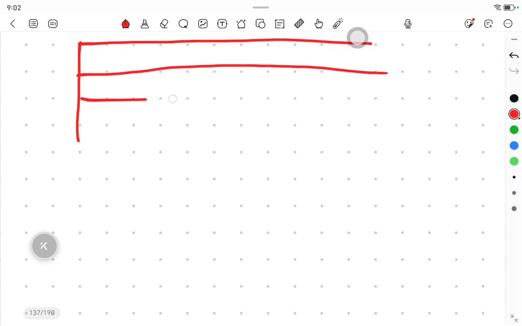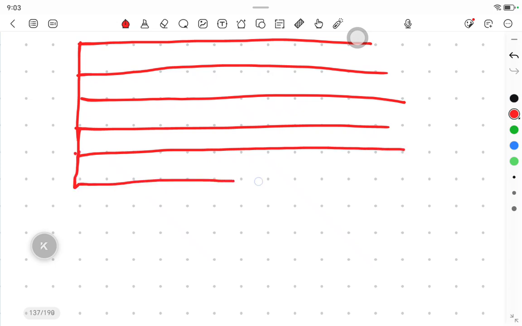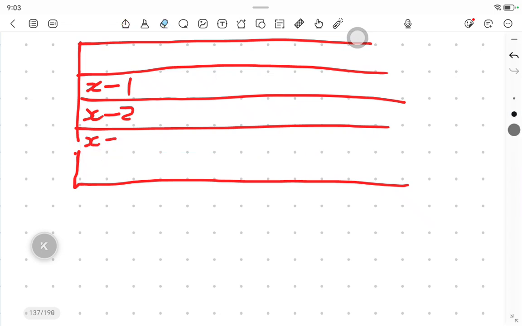I can even try to combine the two tables if we want to use a table. But using the cases, this would have been more simple, right? So we have x minus 1, x minus 2, and then we combine them. Let me erase this line. And then we combine them, x minus 1 over x minus 2. Let's start with this side.